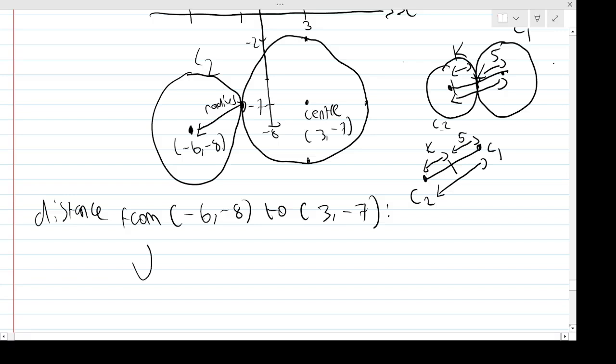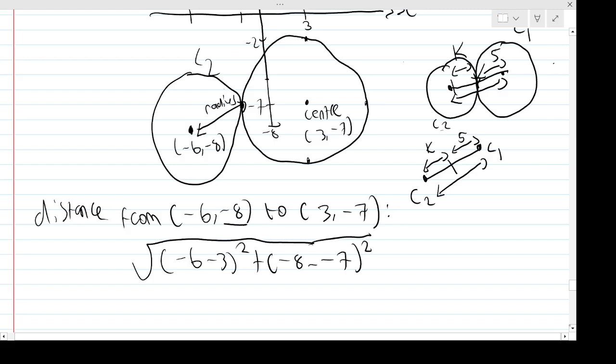So that would be -6 take away 3 all squared, add the change in y, which is -8 take away -7 all squared. Put that in a calculator, and -8 take away -7 is +7, right? Double negative. That's root 82.